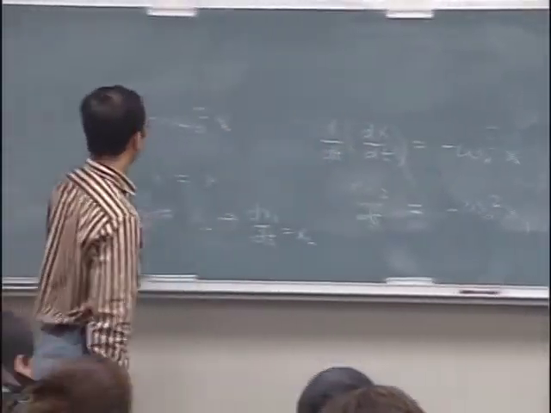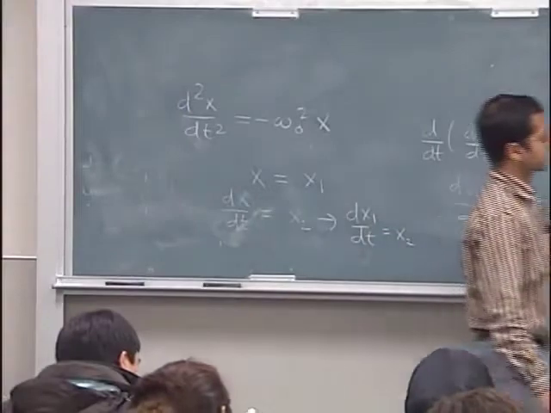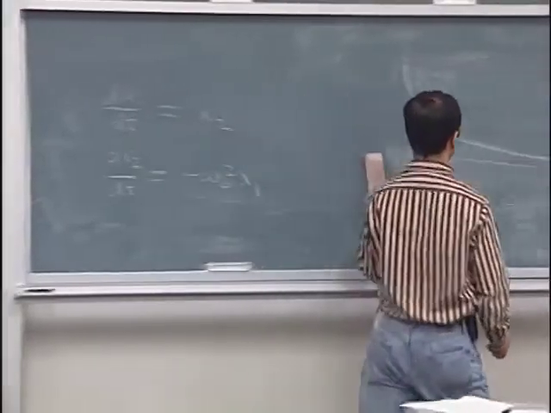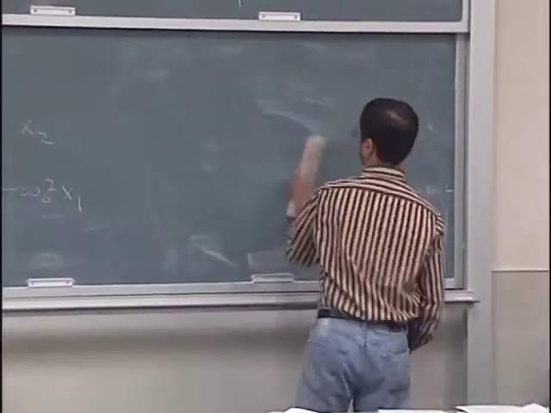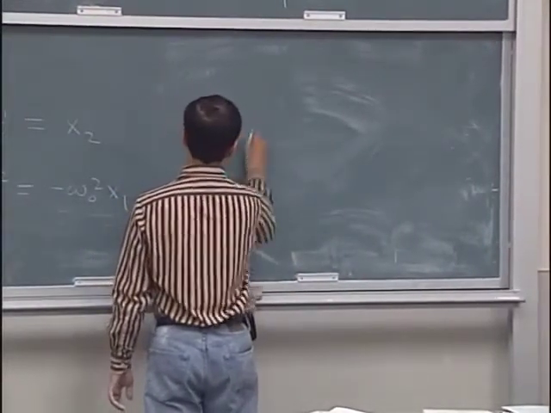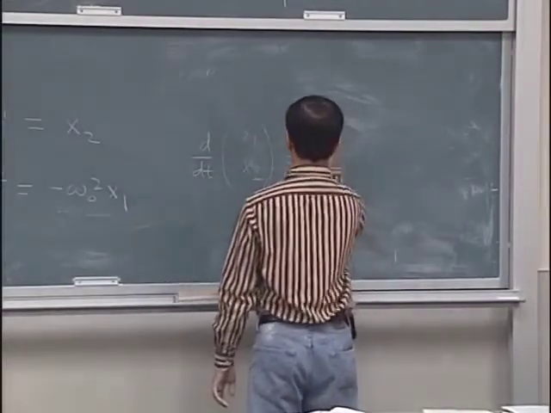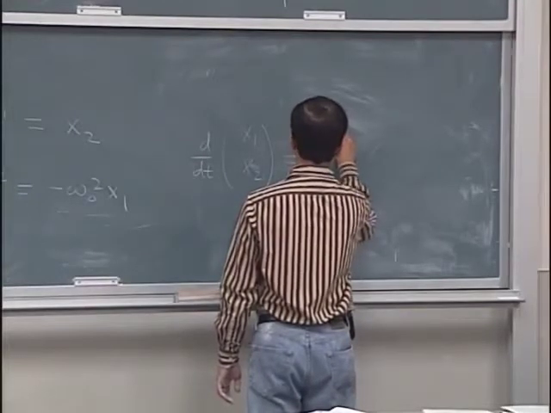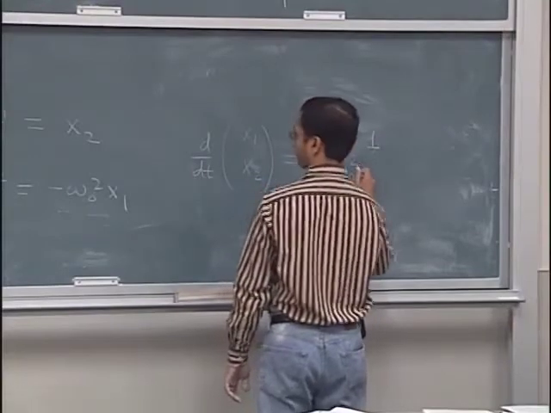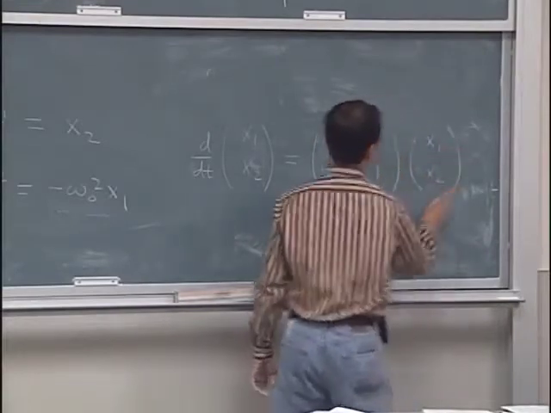So what happened, I started with a second order differential equation and I changed it into a set of two first order equations. Okay? Which I can write in the matrix form: d dt of (x1, x2) equals the matrix (0, 1; minus omega 0 square, 0) times (x1, x2).